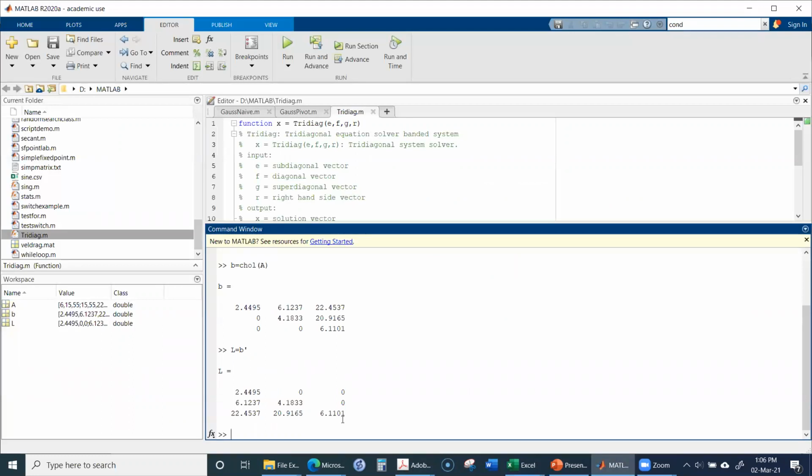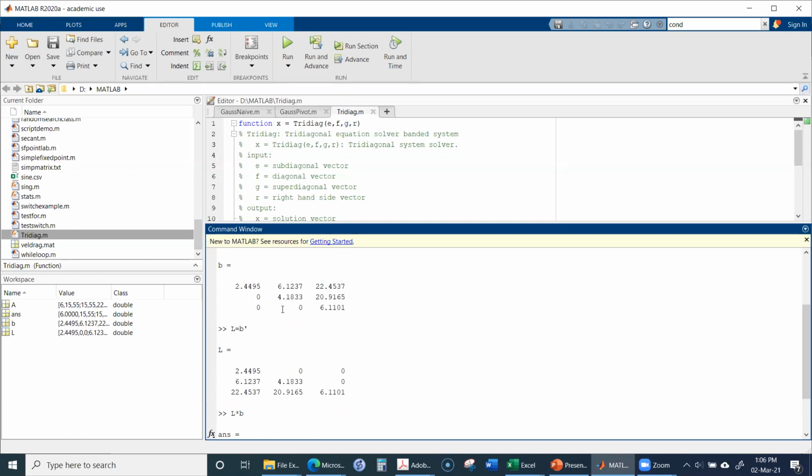To verify it, because it is a symmetric matrix, I take L times B, which is in fact the transpose of L, so L times L transpose. B is actually L transpose, so we get the same answer as the original, 6, 15, 55, and so on.